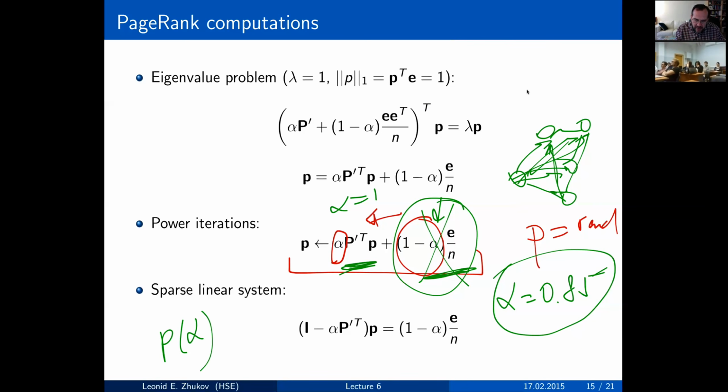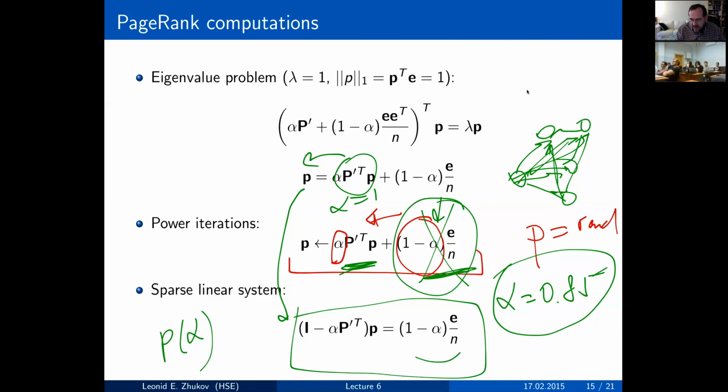Now, another way to look at this equation: you can take this term to the left side of the equation and write it as a linear system. If you remember a little bit of linear algebra, there is a non-zero right-hand side. If we take alpha equal to 1, it's going to be a zero right-hand side. Here is a matrix, and depending on alpha, we have different matrices.